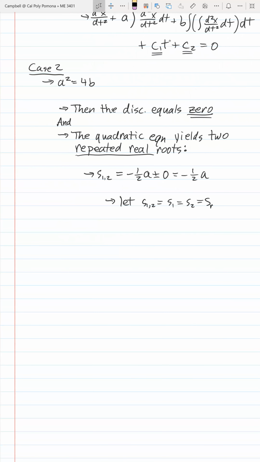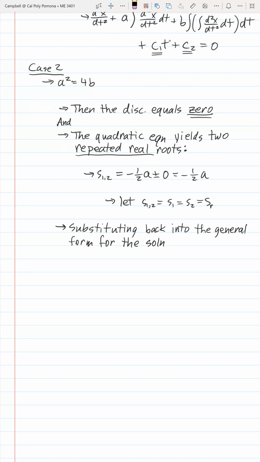So then, of course, substituting this repeated root back into the general form that we assumed for our solution, what do we then get?